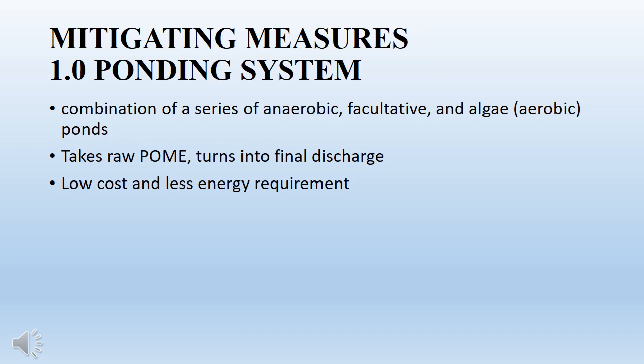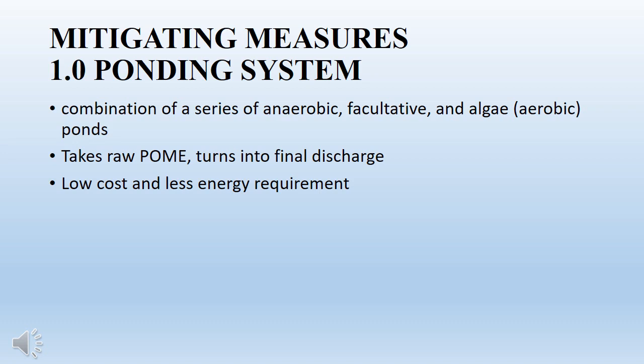Next, I would like to move on to mitigating measures. I'm going to talk about ways to prevent the same thing from happening again or to reduce the impact. The first way is the ponding system. This is a combination of a series of anaerobic, facultative, and algae or aerobic ponds.